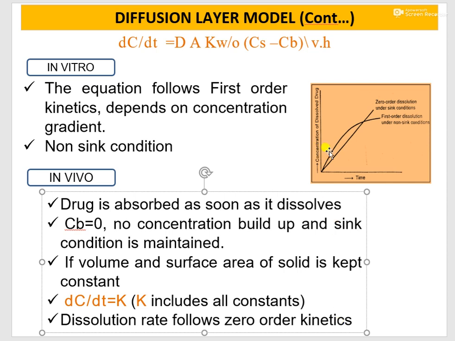So in vitro it will follow first order kinetics, and in vivo, as Cb is equal to 0 and sink condition is maintained, it will follow zero order kinetics.